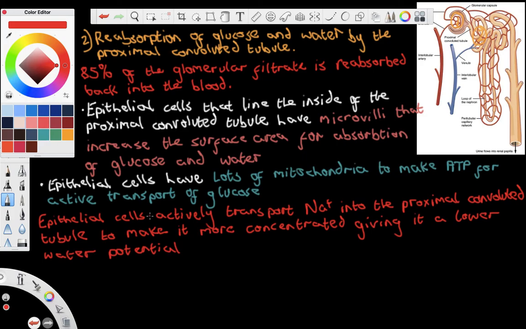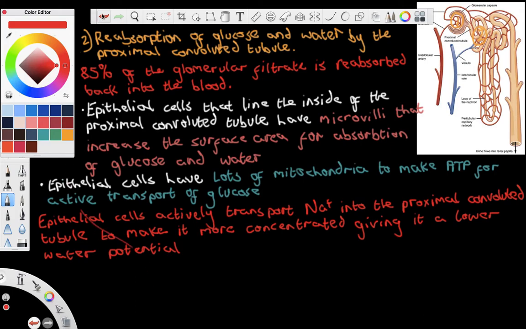Now, these sodium ions are moved into the proximal convoluted tubule via carrier proteins that take in useful substances in exchange, such as glucose.